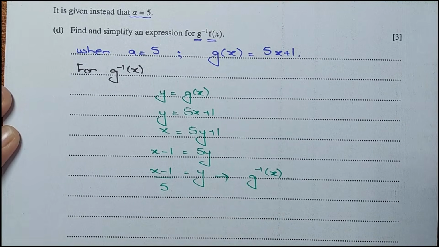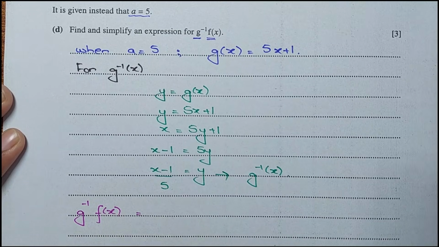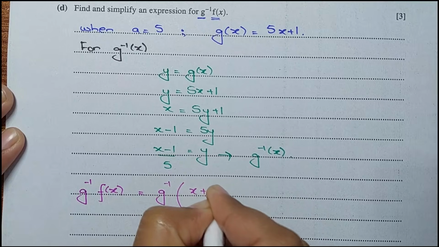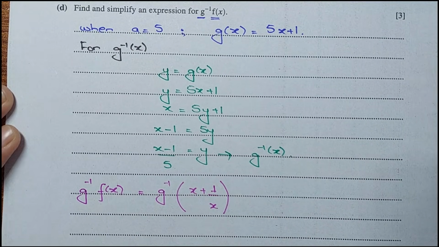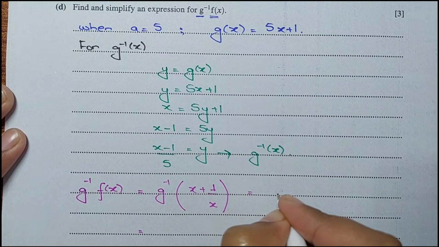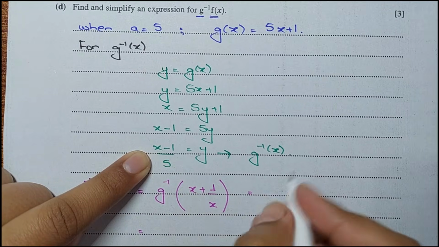Okay, we need to simplify the expression for g inverse f of x. Okay, so f of x is the function x plus 1 over x, right? And in g inverse of x, the x value is replaced with x plus 1 over x.